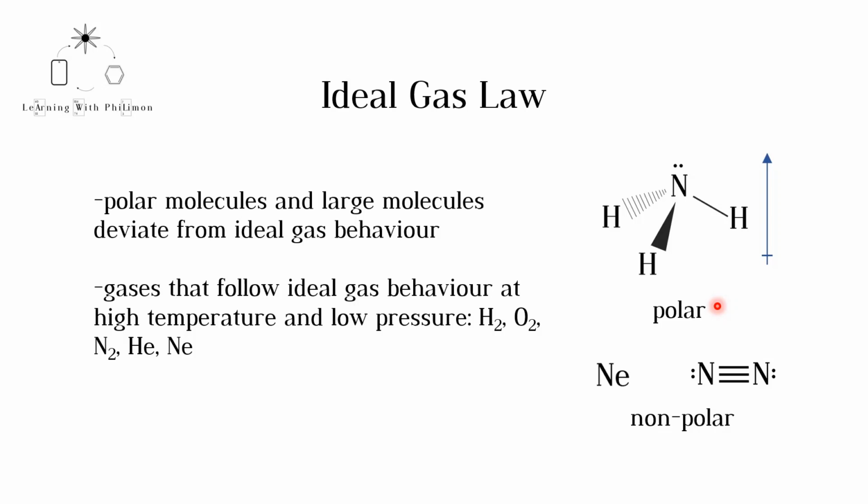There are a few atoms and molecules that follow ideal gas behavior at high temperatures and low pressures. These are hydrogen, H2, oxygen, O2, nitrogen, N2, helium, He, and neon, Ne. Note that these molecules or atoms are small and nonpolar.